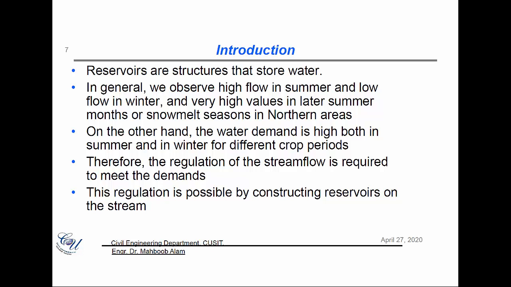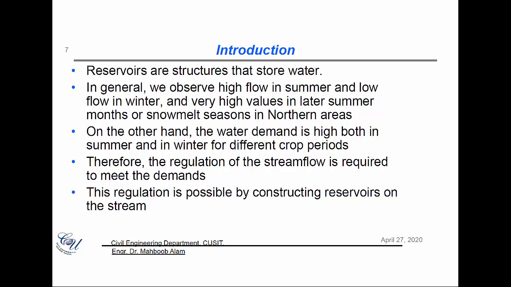But if we look at the demand of water, you would see that in our country, in Pakistan, we have two major cropping periods, the Rabi and Kharif period, and we always need water. So demand is always there, availability is uneven, and we have to cater for that.